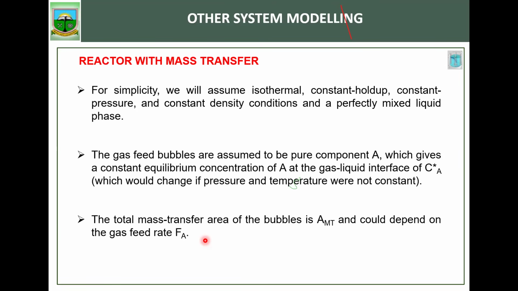And we are saying that for each bubble, there is an area, A_m, which is the mass transfer area for the system that could react with the feed into the system.